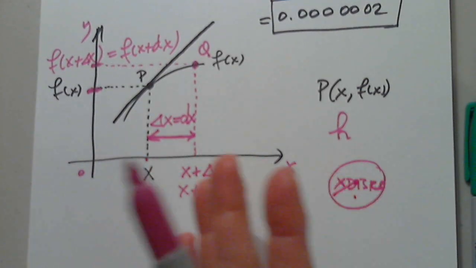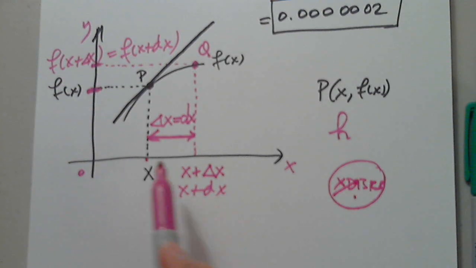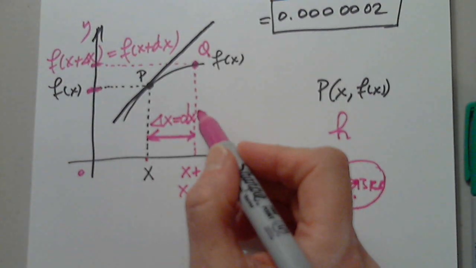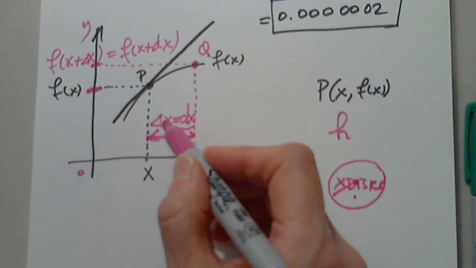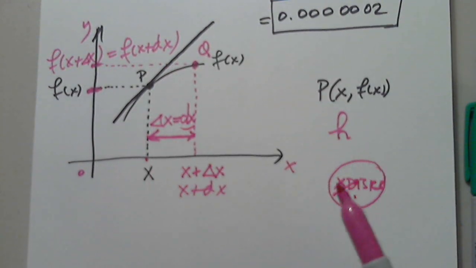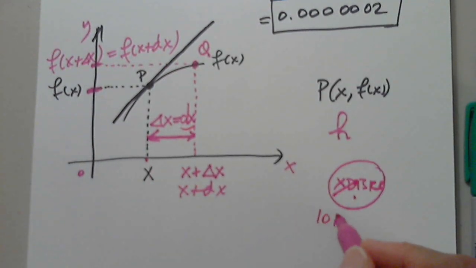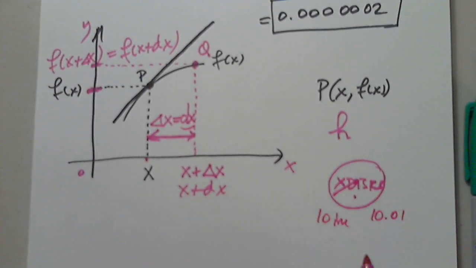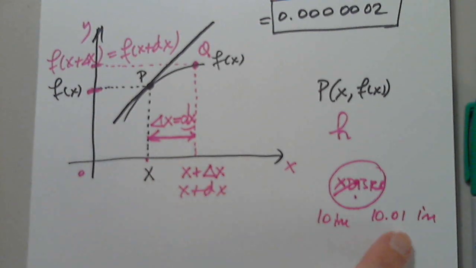It can be in plus or it can be in minus. It doesn't matter. This is the error, a tiny distance. Instead of being, let's say, 10 inches, it's 10.01 inches. So then delta x or dx is 0.01. So it's not exact. It's a little bit more.